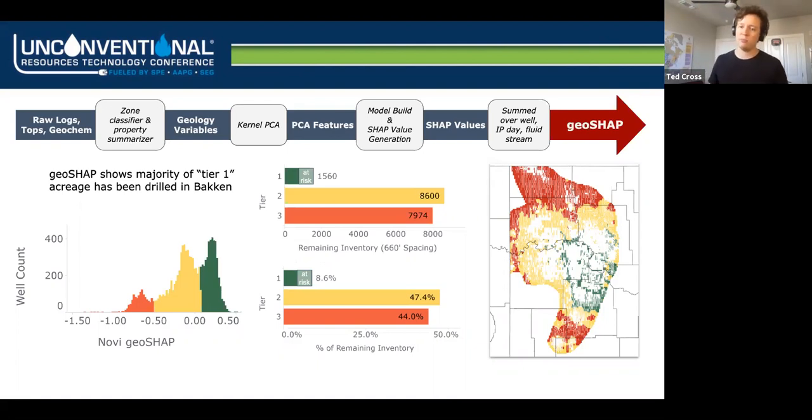So that's why a lot of these big green chunks are still left on the map: it is logistically quite challenging for some reason or another to drill there. So if you're the state of North Dakota and you're thinking about your revenue expectations for production taxes, something like this should be very concerning.